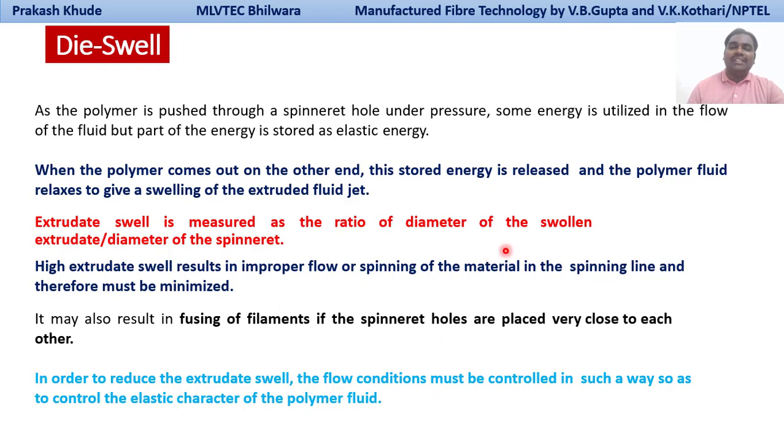Now we'll see the basic meaning of die swell and how it occurs. As polymer is extruded through the spinneret hole under pressure, some amount of energy is utilized in flowing the fluid, and some part of the energy is stored as elastic energy. When the polymer comes out on the other end, this stored energy is released and the polymer fluid relaxes, resulting in swelling of the extruded fluid jet.